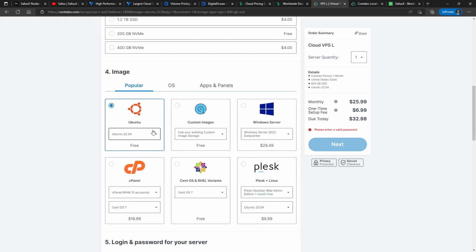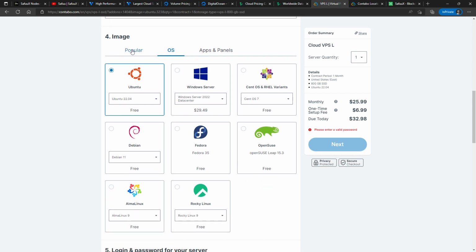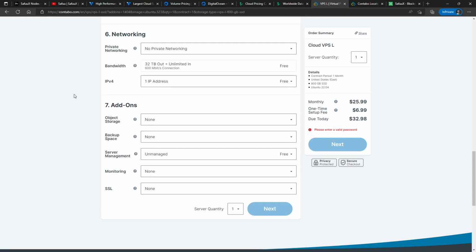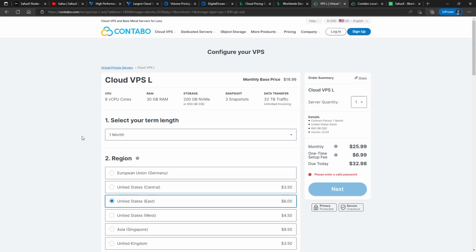I'm picking Ubuntu here as my Linux option, the latest version, and you can see that that is free. They do offer a bunch of other different versions of Linux that you could look at. And if I go down here, there is really nothing else to add on at this point because we've met all our system requirements.